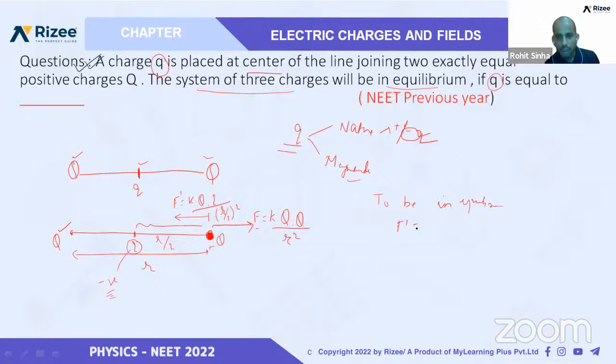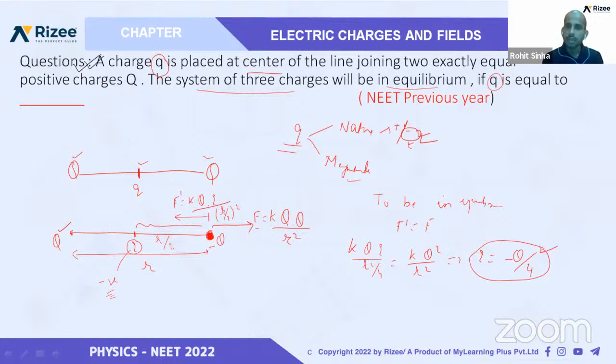That means k q Q by R square by 4 is equal to k Q square by R square, so q is equal to Q by 4. And since the answer should be negative, we write minus Q by 4, and I think Nandini was absolutely right. Okay, good Nandini, good.